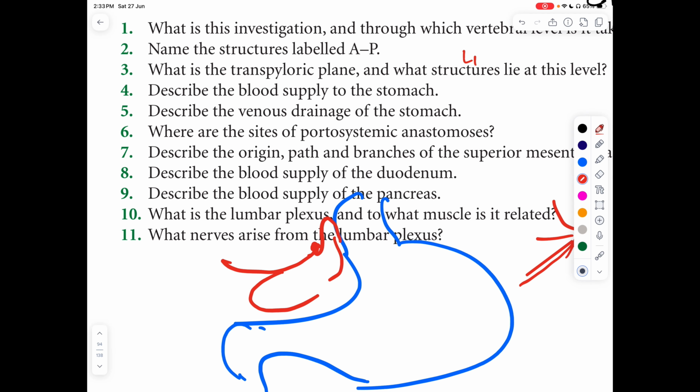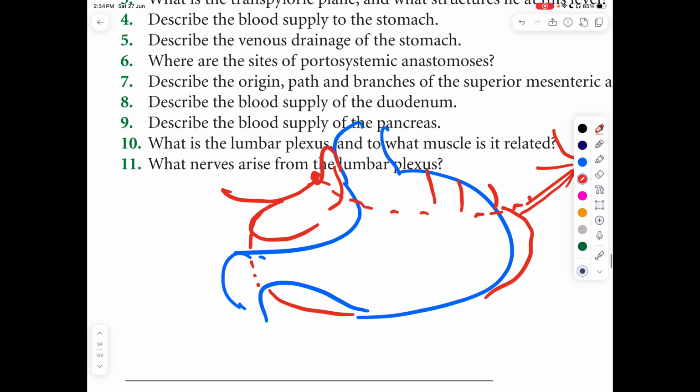Then you get the gastroduodenal artery, gastroepiploic, and from here the splenic artery. Then short gastric arteries are here, and left gastroepiploic. This one is right gastroepiploic, left gastroepiploic. So this is the blood supply of the stomach as well as the duodenum.